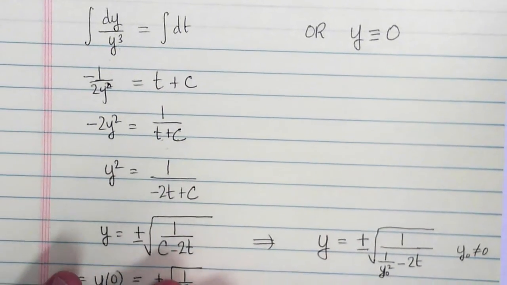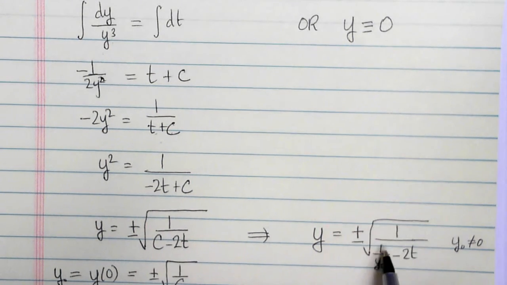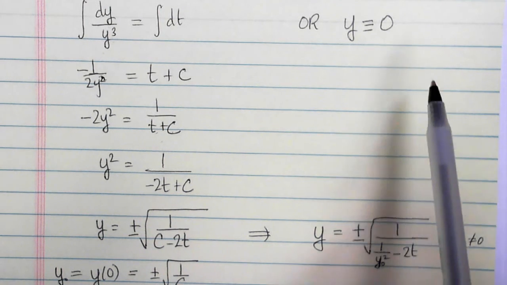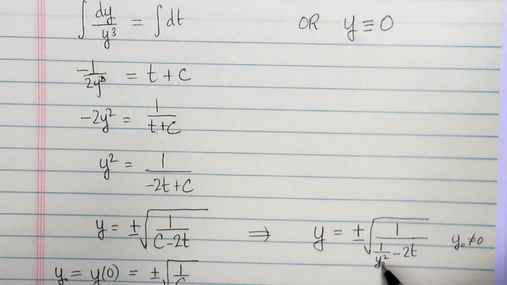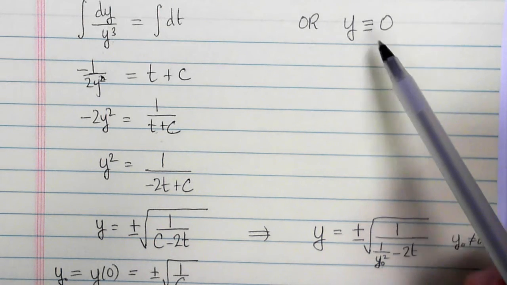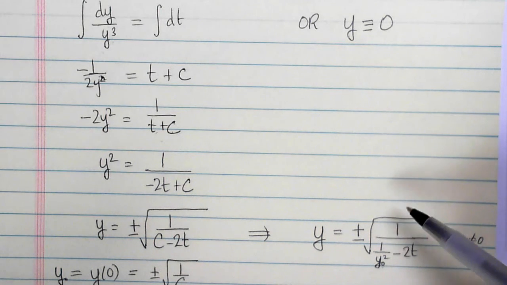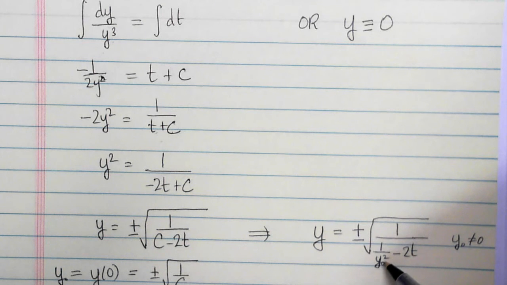And we'll notice that if we come down here, 0 is not found by just simply plugging something in for y naught. As y naught goes to 0, the limit would go to this, but we don't get y identically equal to 0 by plugging in any non-zero value for y naught.